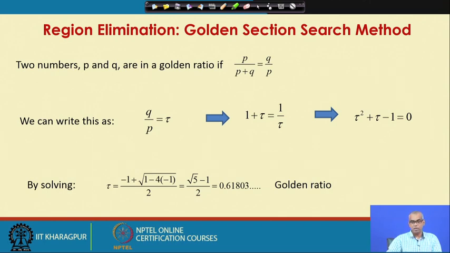This number is known as golden ratio. Note that tau square plus tau minus 1 equal to 0 is a quadratic equation. You can solve it using the standard formula, and by solving it and taking only the positive value, you get 0.618. So, 0.618 is known as golden ratio.